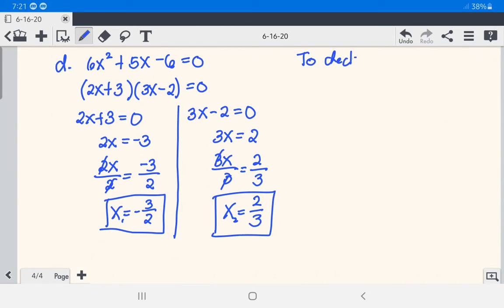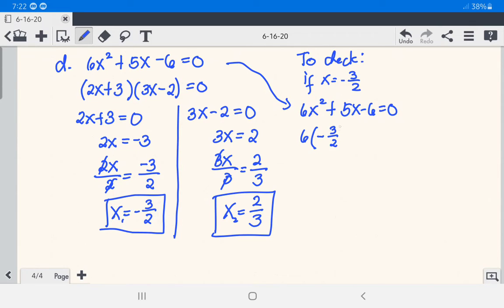We have, if x is equal to negative 3 over 2, then we have 6x squared plus 5x minus 6 equals to 0. So we're going to make use again of the original equation. Then you substitute. We have 6 times the value of x, negative 3 over 2 squared, plus 5 times negative 3 over 2.